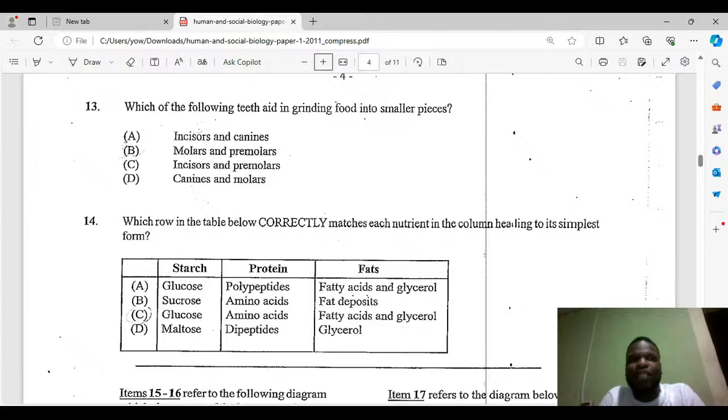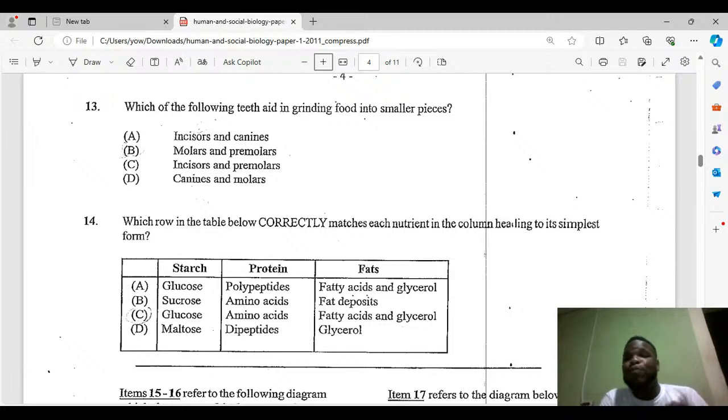Dumpling is a complex form of carbohydrates. Flour is a complex form. Your body has to break it down into its simplest form so it can be absorbed or assimilated. So the simplest form of starch is glucose. Amylase breaks down carbohydrates or starch into glucose. So the first one is glucose, so that rules out B and D already.